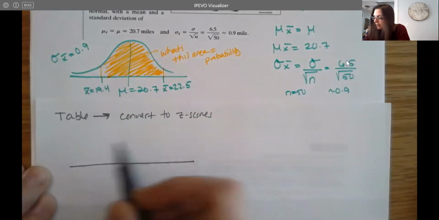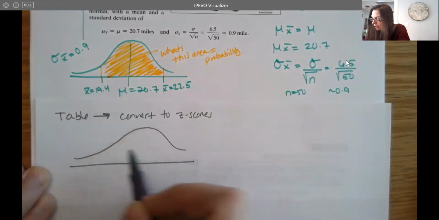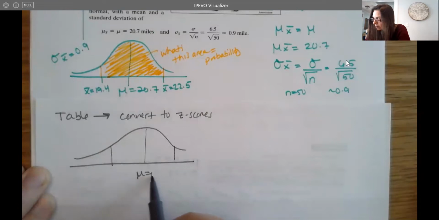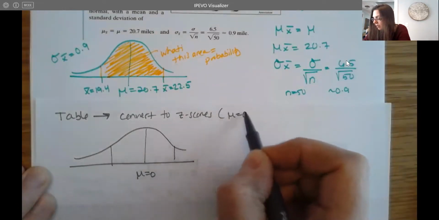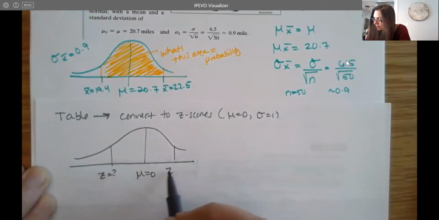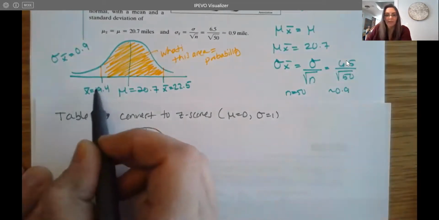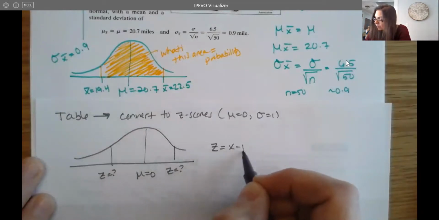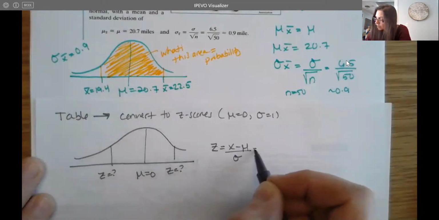If I'm using the table in the back of the book, I can still set this up. My mean is going to be 0 now. Remember, for z-scores, your mean is 0 and your standard deviation is 1. Then I need to find this z-score and this z-score, so I'm going to have to use my formula: my z-score is equal to the x value minus the mean over the standard deviation.